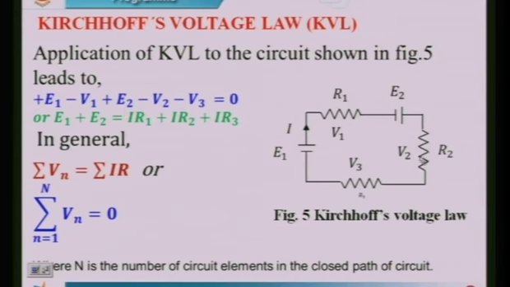Here the drop is V2, plus to minus, that is minus, and here plus to minus, which is in the direction of the current, therefore it is minus V3 is equal to 0. The same thing can also be written as E1 plus E2 is equal to IR1 plus IR2 plus IR3, in the sense the voltage rise is equal to the voltage drop. In general, KVL can be written as sigma Vn is equal to sigma IR or sigma Vn is equal to 0.